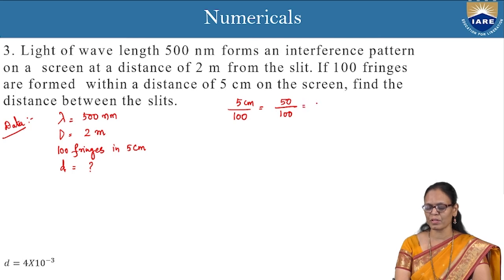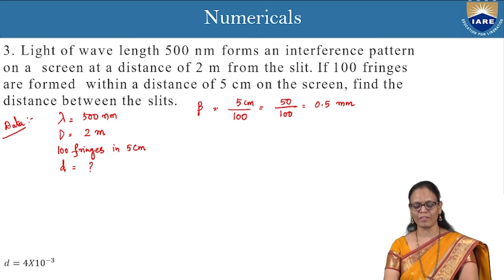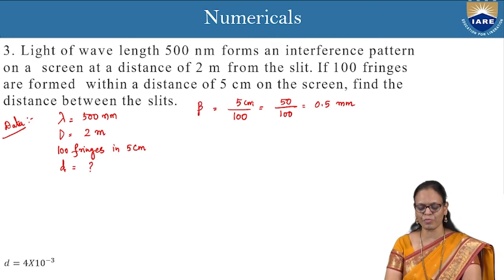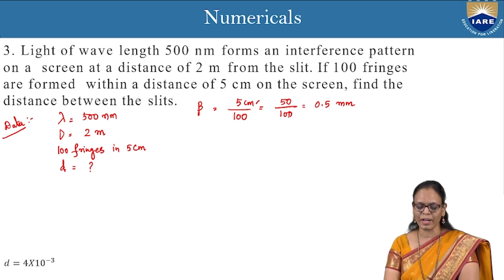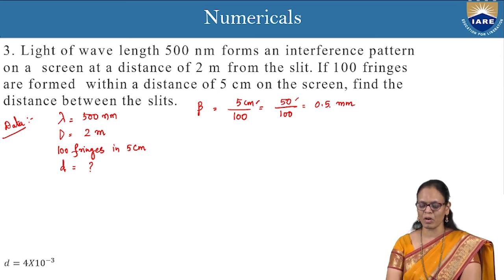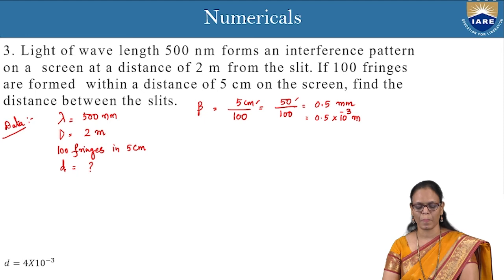So this will be 0.5 millimeter. So this gives us beta, the fringe width. We are having 100 fringes in 50 millimeter, so 50 by 100 will give us 0.5 millimeter, or we should write it as 0.5 into 10 power minus 3 meter.